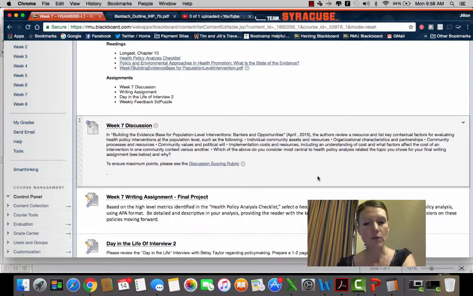It was interesting because some felt really strongly that implementation costs would be central to their topic, and would generally be central to everybody's topics. That would have to be, because oftentimes raising capital for something, those capital costs are really central to most everything. But that's not always the case. Think about the Affordable Care Act and the push for repeal.